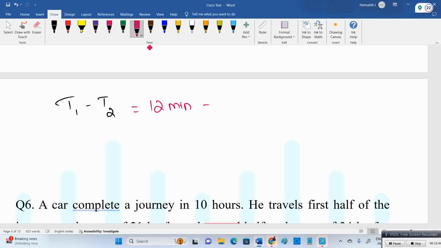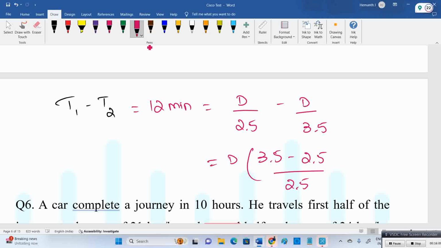Time is distance by speed. First one distance D, speed is 2.5. Second one distance is D, speed is 3.5. This is the one which we developed the formula from. If you take D common, the difference between the speeds is in the numerator, denominator is product of speeds.